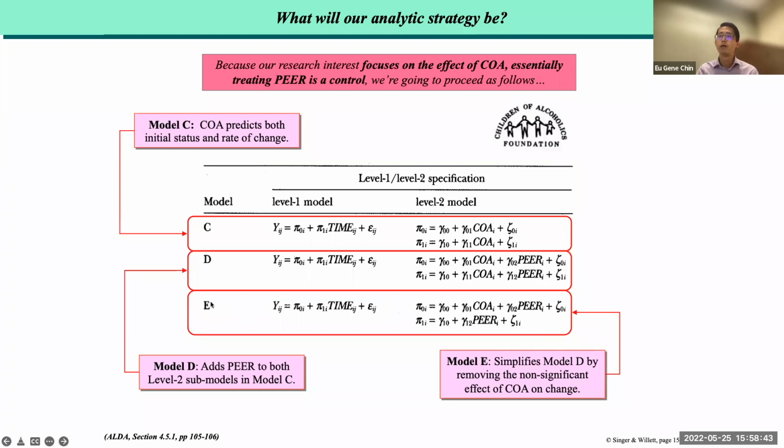And then model E is basically going to be a revision of model D because there's a non-significant effect of COA on change. So in subsequent videos, we're going to fit these models, but the two basic models that you should always fit in a multi-level model of change are the unconditional means model and the unconditional growth model.